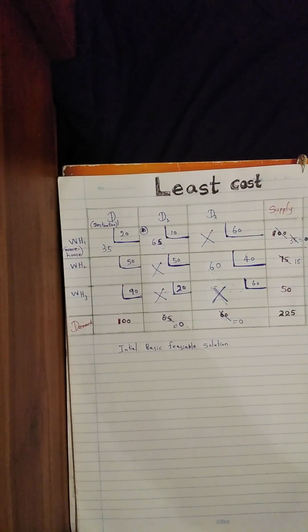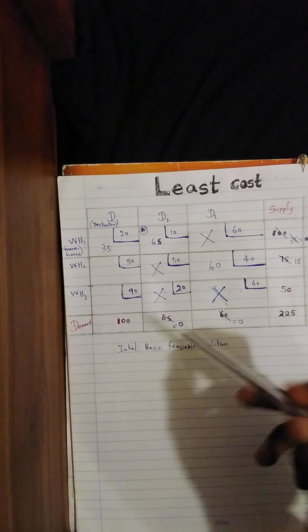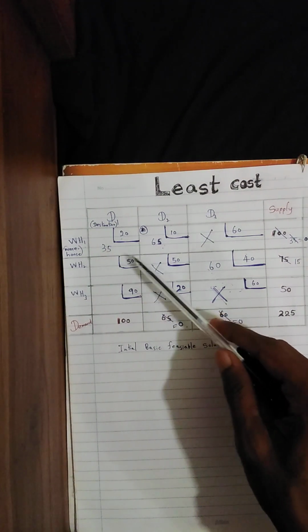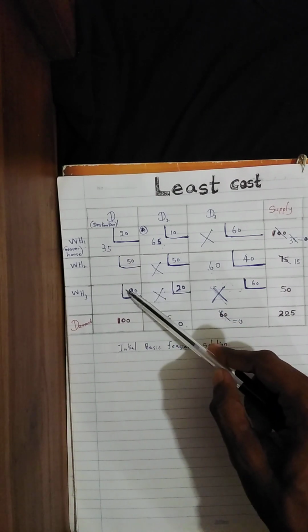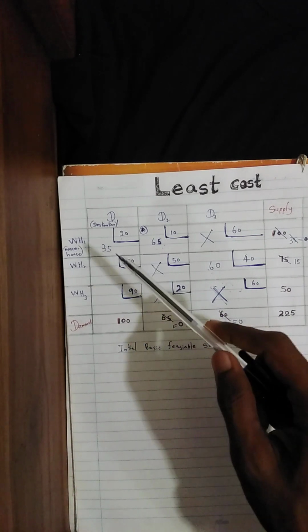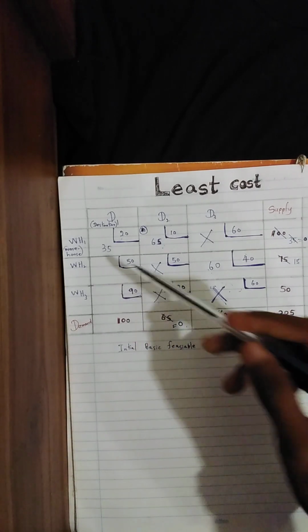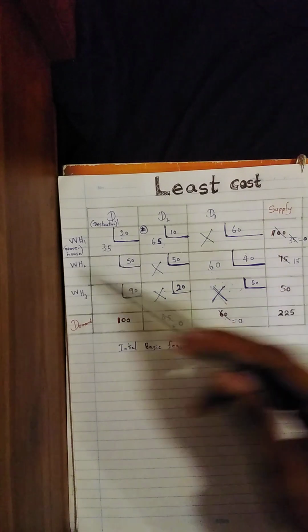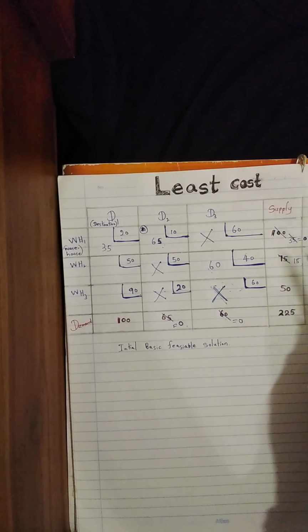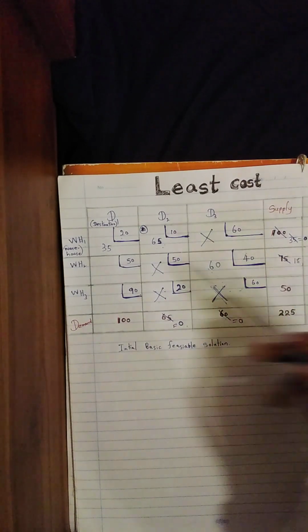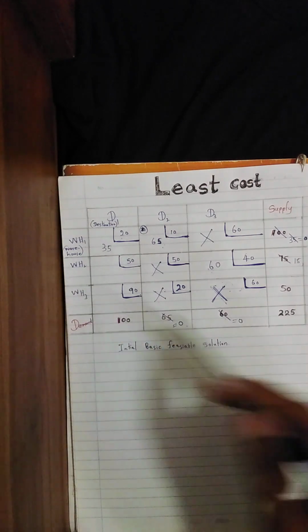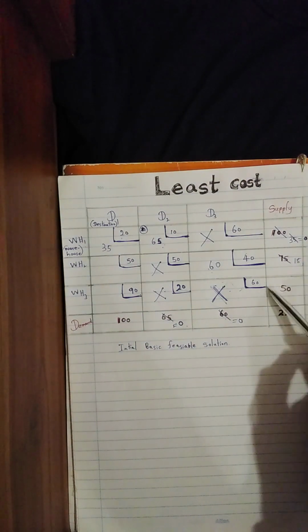Okay, now you can see again we have two transportation values. Now what is the least one? This 50. How much remains? 15 products remain in warehouse 2, and warehouse 3 already has 50 units.